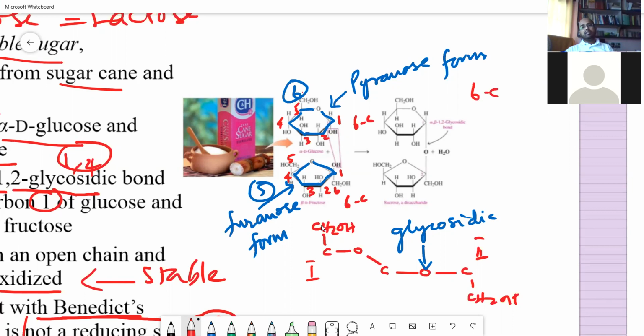A 6C pyranose and a 6C furanose combined to give pyrano-furano glucose, which is known as sucrose.